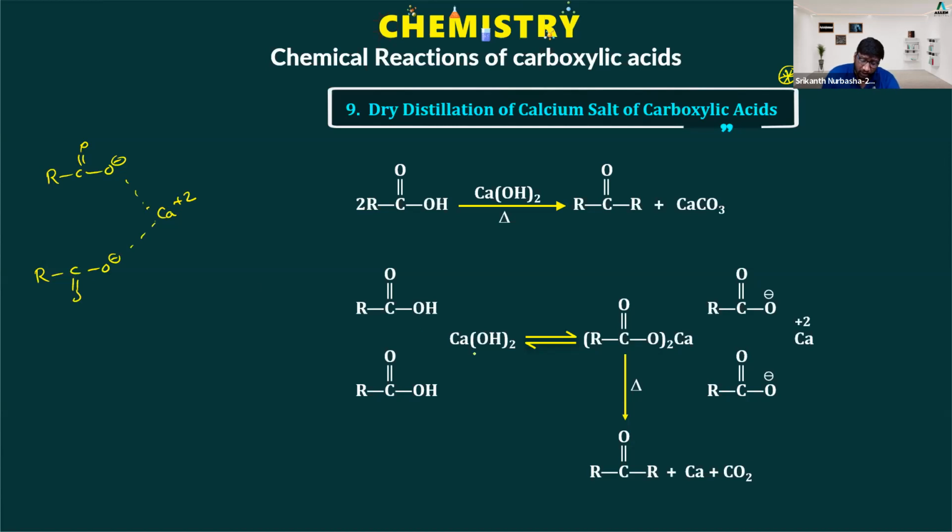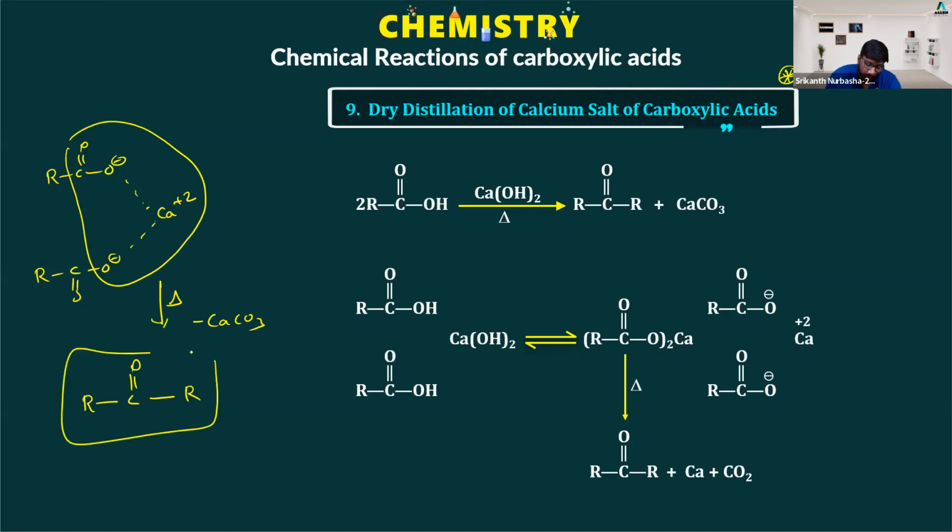This is nothing but your Ca(OH)2 reacting with 2 moles of carboxylic acid forming RC=OO minus, RC=OO minus, developing electrostatic force of attraction with Ca+2. When you heat this, loss of CaCO3 occurs, and alkyl groups are connected with the carbon, that is C=O with one more alkyl group. You will generate respective ketones.